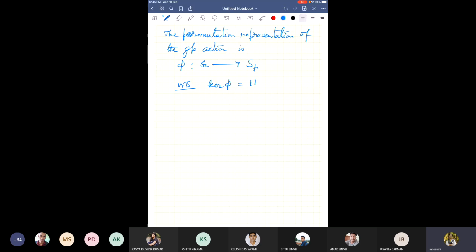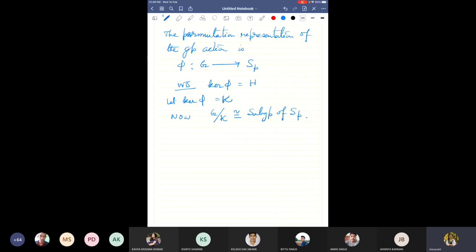Okay. Now let's try to show that the kernel of this is H. So let the kernel of phi be denoted by K, a subgroup, I already know. Okay. Now what do you know? So by the first isomorphism theorem, I can say that G quotient K, the kernel, will be isomorphic with a subgroup of SP.